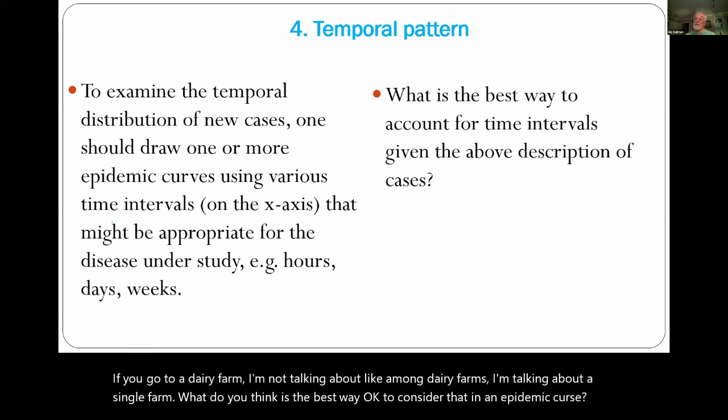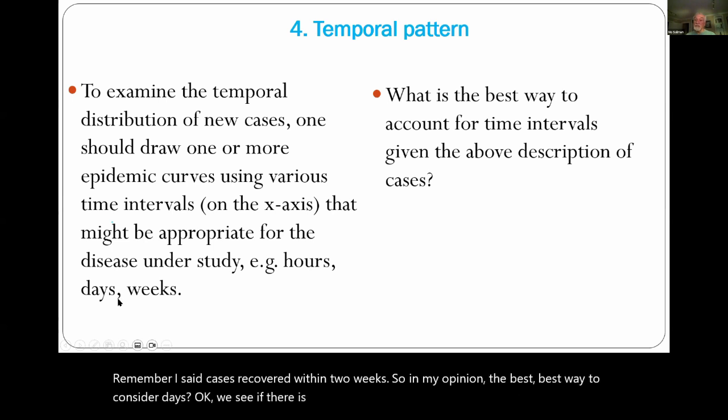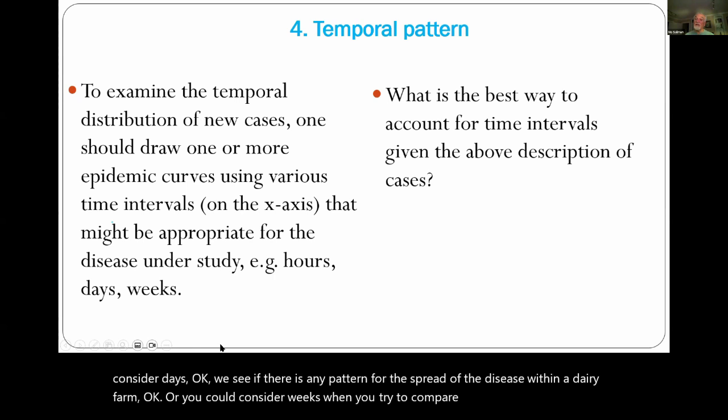You remember I said cases recovered within 2 weeks. So in my opinion, the best way is to consider days, and we see if there is any pattern for the spread of the disease within a dairy farm. Or you could consider weeks when you try to compare between different dairy farms.